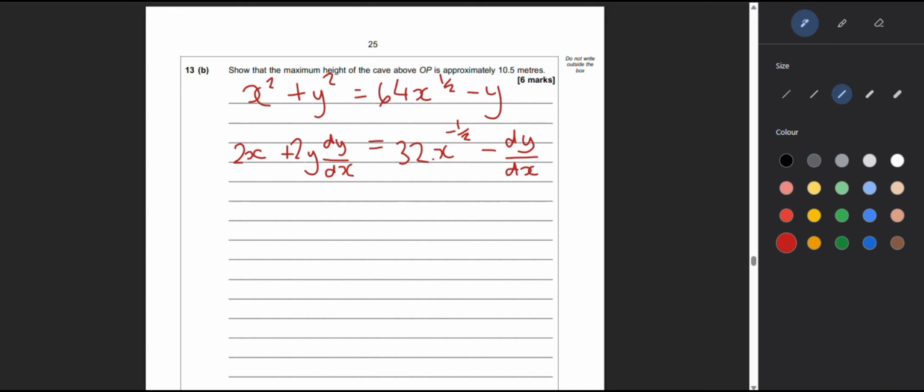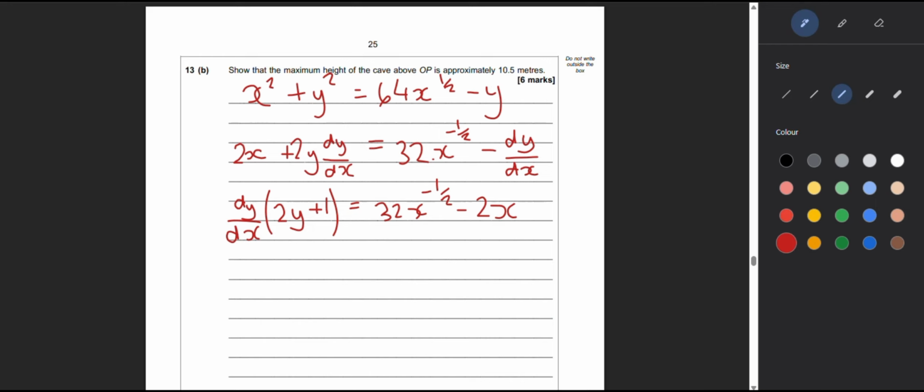Then we need to get all our dy by dx's on one side of the equation. So I'm going to end up with dy by dx times 2y, and then when I add that dy by dx over, that gives me 1. And then we end up with 32x to the power of minus a half minus my 2x there.